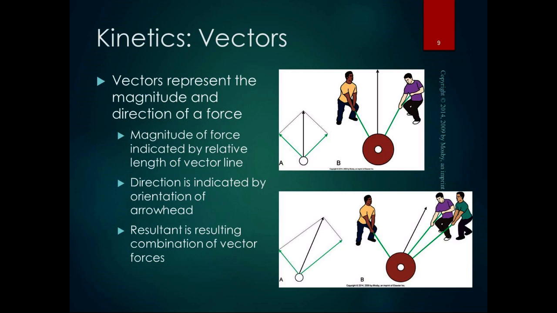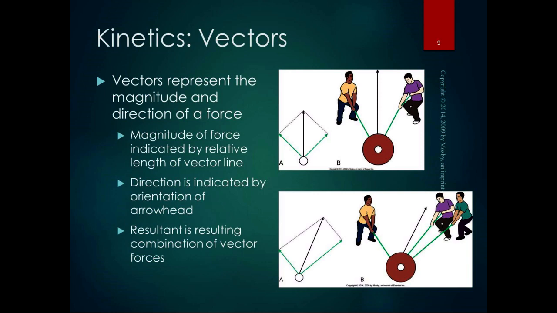Vectors represent the magnitude and direction of a force. When you're drawing out vectors, the magnitude of the force is indicated by the relative length of the vector line, and the direction is indicated by an arrowhead. When you combine vector sources, you get a resultant vector. The example is these two guys pulling, I don't know what that is, a donut maybe?